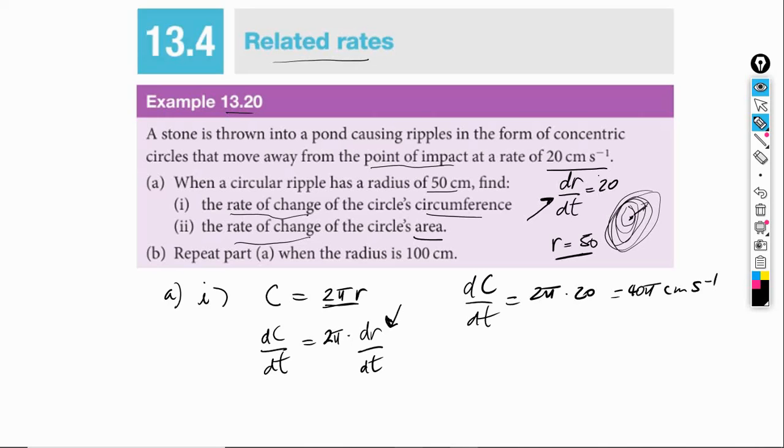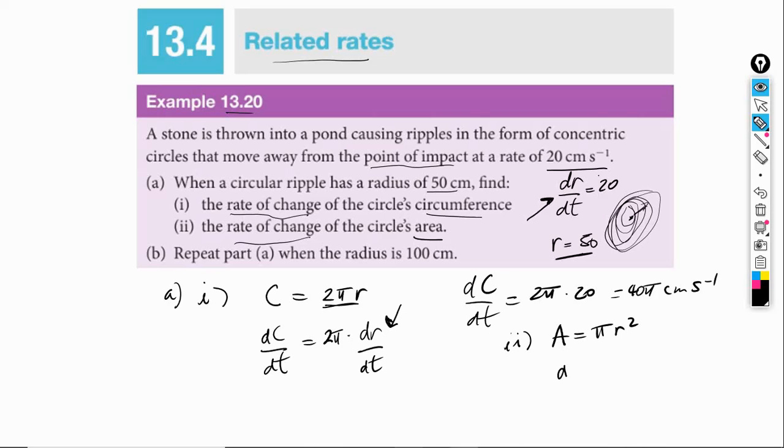For part 2, they want us to do the same, but for the area. So let's remember what the formula of the area of a circle is. The area of a circle is pi r squared. So let's differentiate with respect to time.